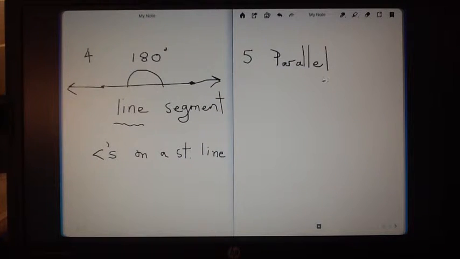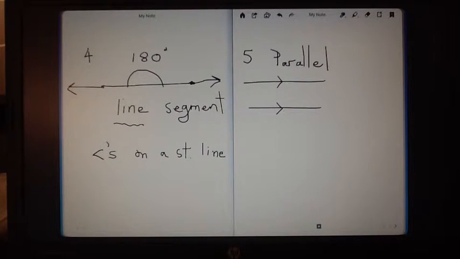So parallel lines are lines that never meet, always the same distance apart. And we denote parallel lines by an arrow on each one. Or it could be 2 arrows if we've got more than 2 parallel lines, if you see what I mean.